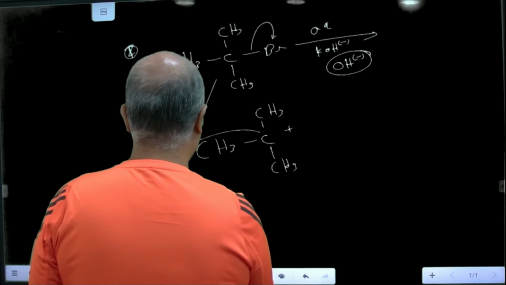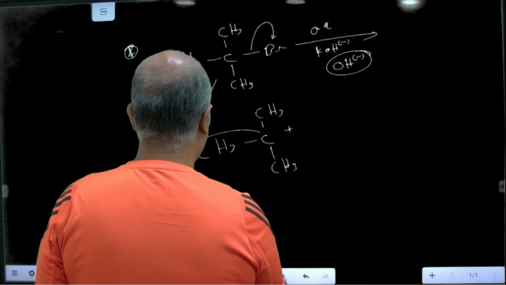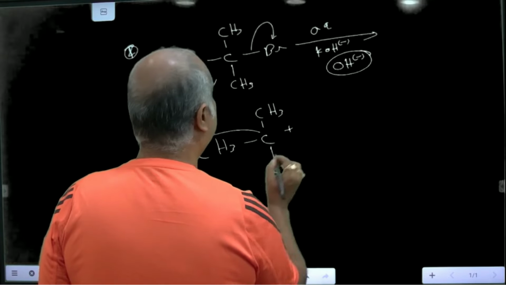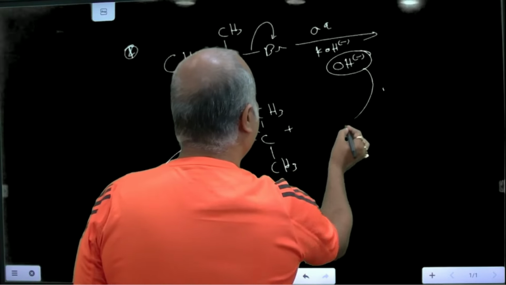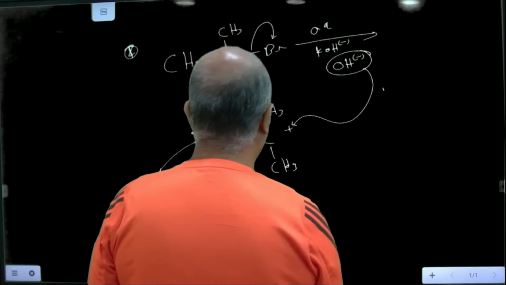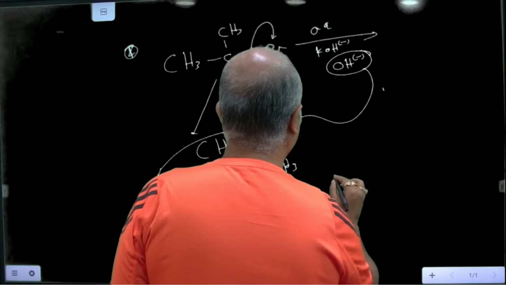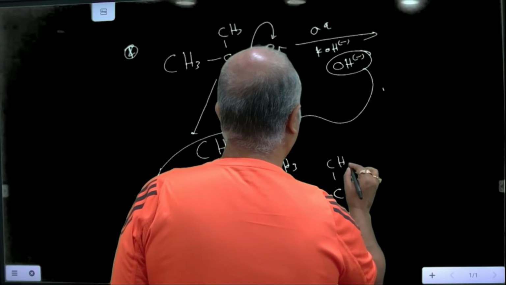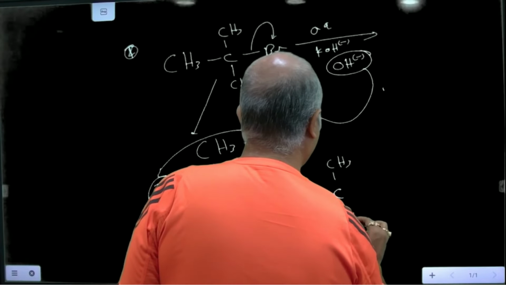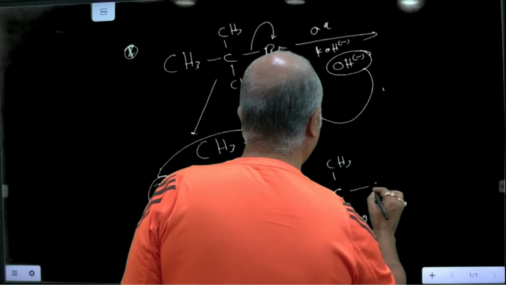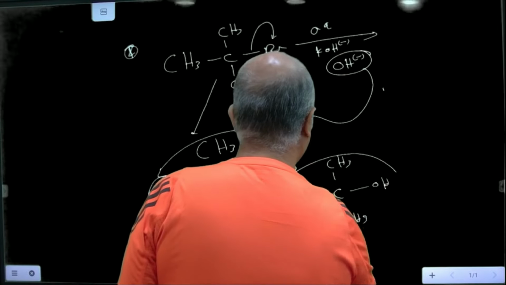And second step, the OH minus nucleophile attacks this, and we get tertiary butyl alcohol, a 3-degree alcohol.